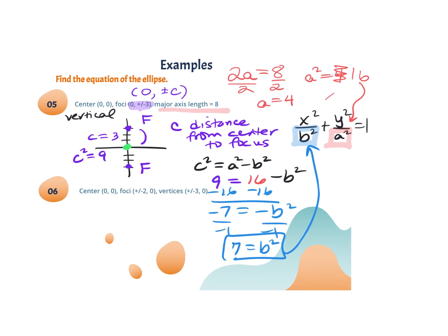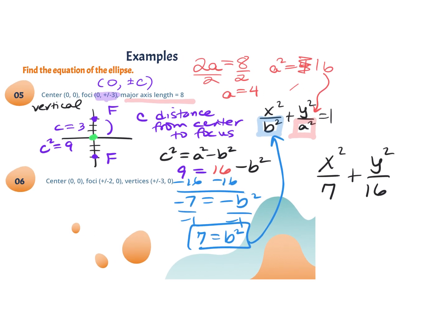So my equation is going to be x squared over 7 plus y squared over 16 equals 1. And that's my equation in standard form when my center is at 0, 0.